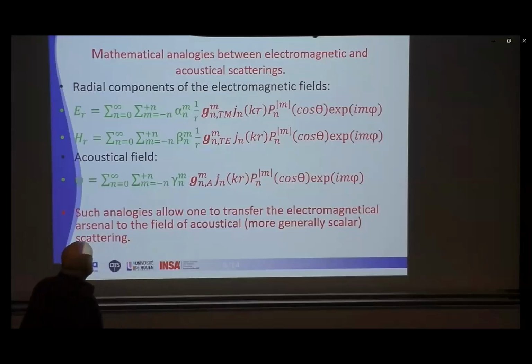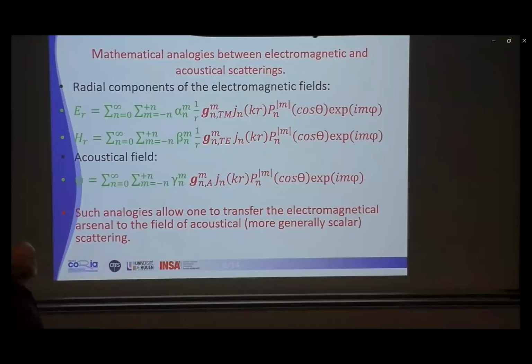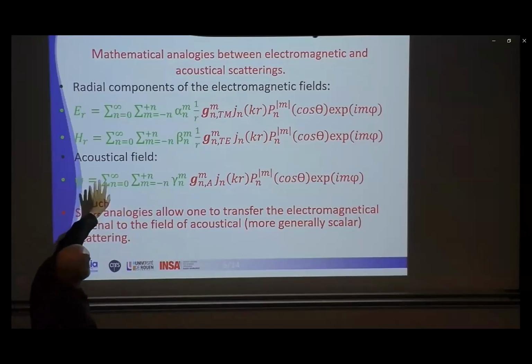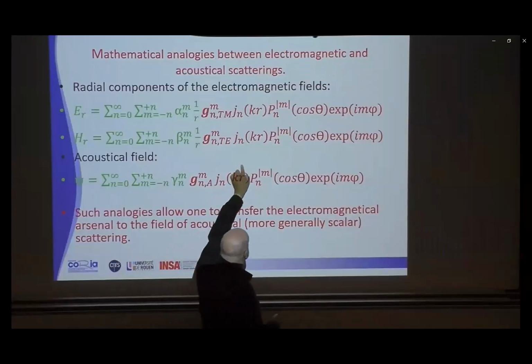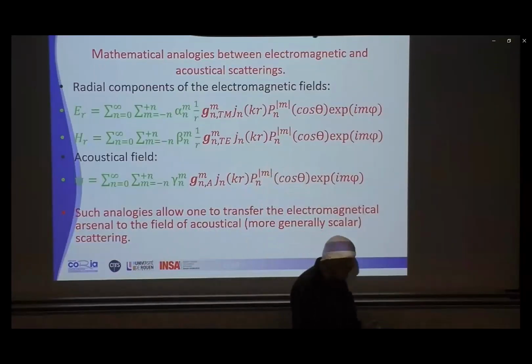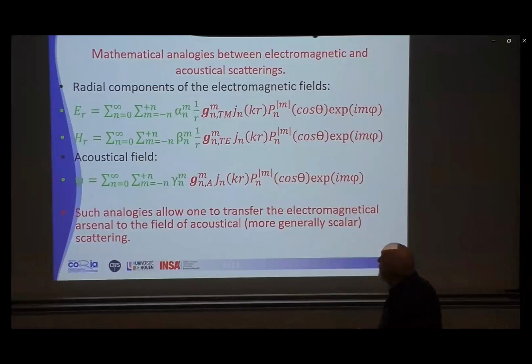Now, to translate electromagnetic scattering to acoustical scattering, you must have some analogy. Here's the example of analogy. In green over there, you have the electric field, the magnetic field, radial component, and they are expressed by this expression. In green, just forget, it's not important. In red, you have vector spherical wave functions that I discussed just before, they are explicit.